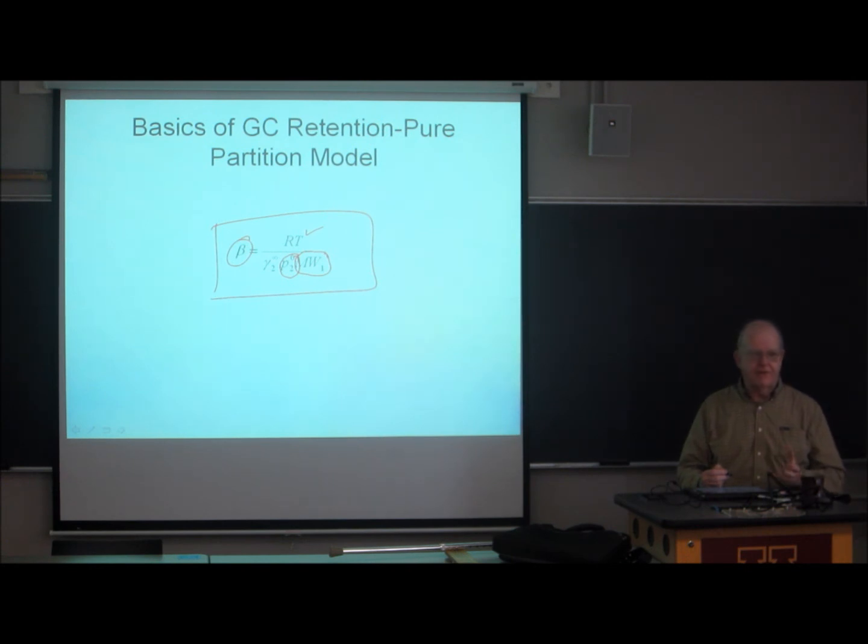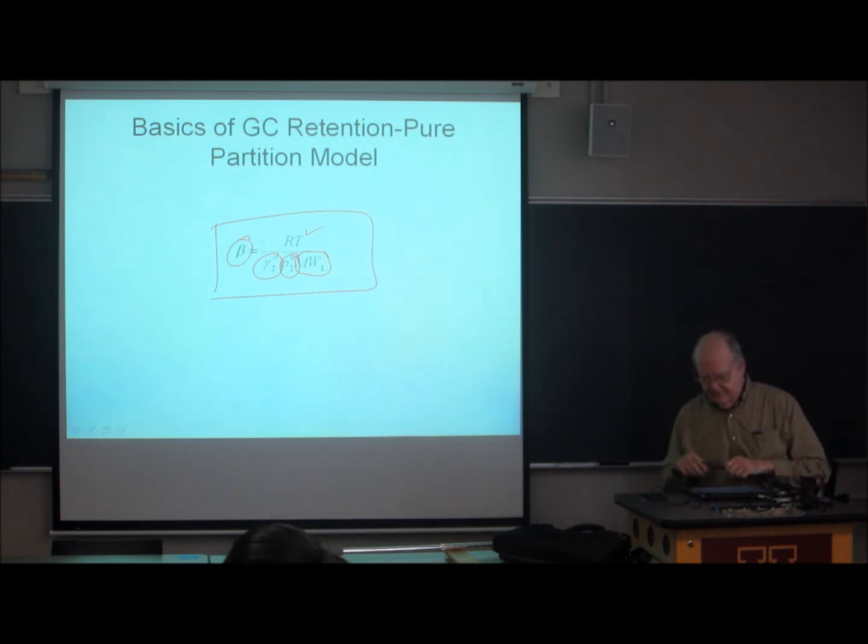Obviously, the vapor pressure of the solute is a strong function of temperature. And then you need to find the activity coefficient of the solute at infinite dilution in the stationary phase liquid. Not so easy to look up. Okay, let's quit here and we'll get into the practical implications of this equation.